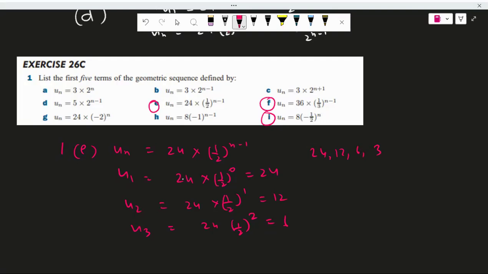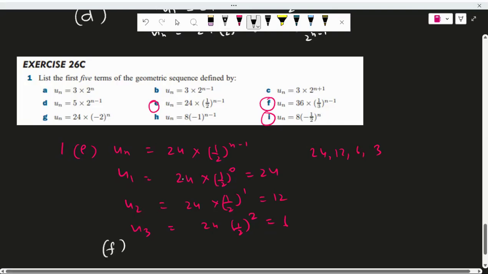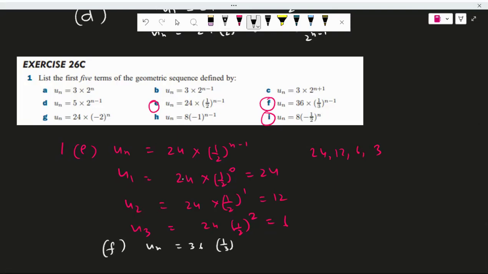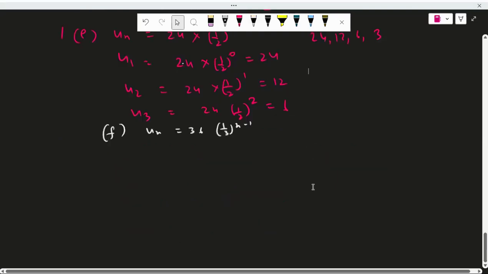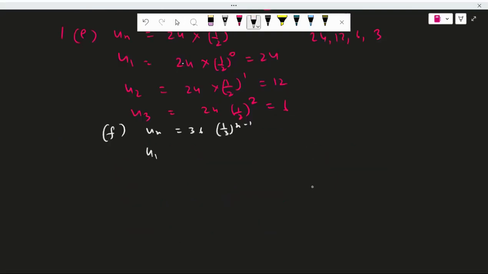Can you tell me about F part? Un equals 36 times 1 over 3 to the power n minus 1. If you take n equals 1, then it is 36. U2 will be 36 times 1 over 3, so this will be 12. Common ratio is 1 over 3.